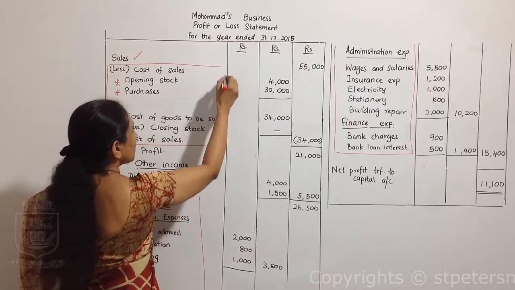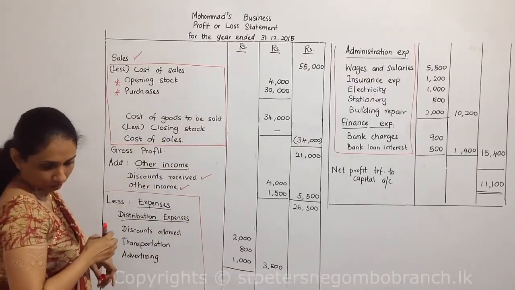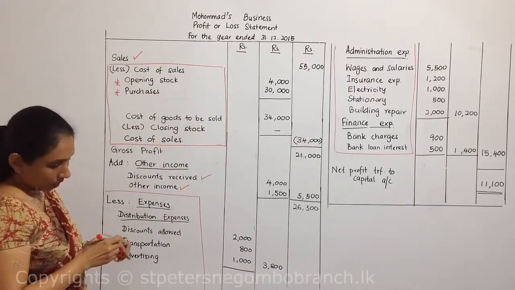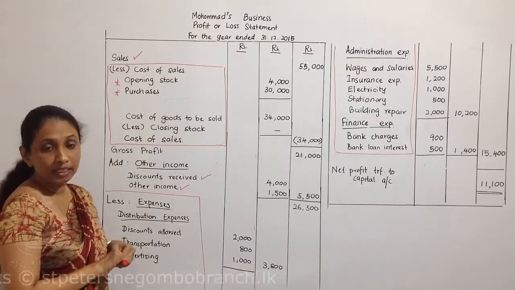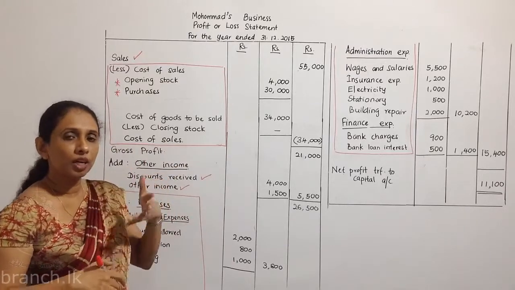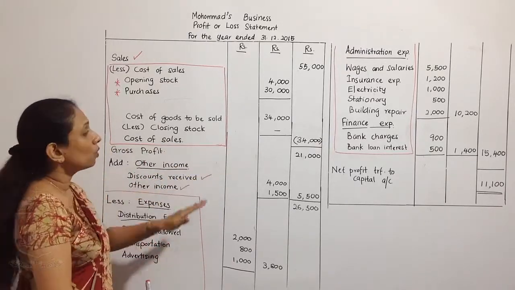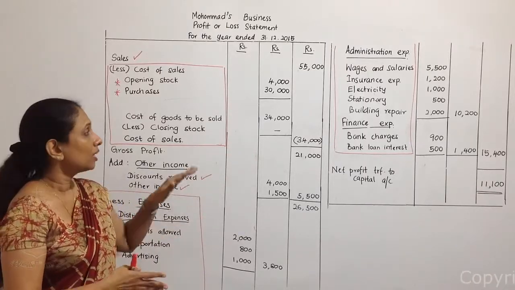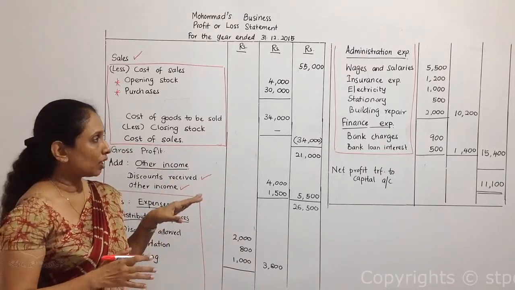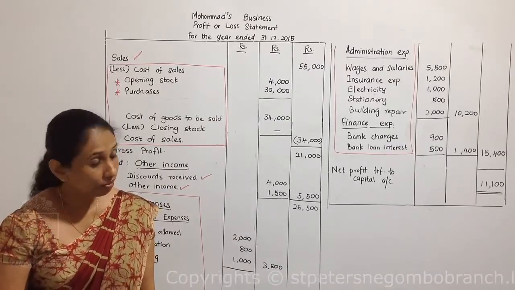So this will be the cost of goods sold. Then it asks you to classify the expenses separately, which we have already done. So when you are answering the question, you can segregate the expenses into different categories and mention the relevant figures. So that is the answer for the question.